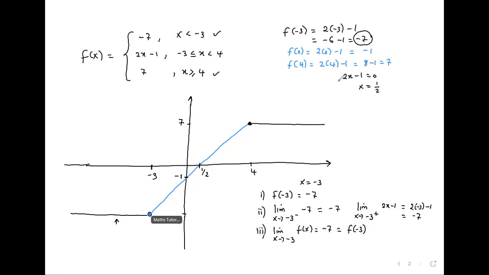So the function is continuous. F is continuous at x equal to -3. This is how you check. This is how you sketch.